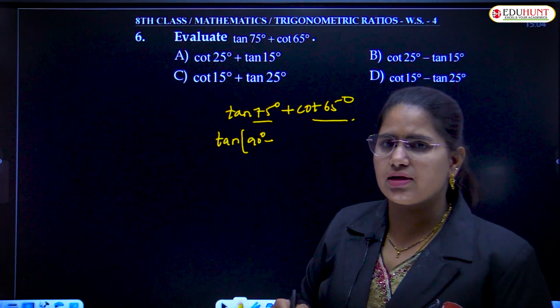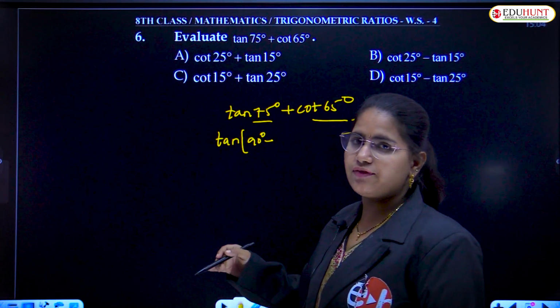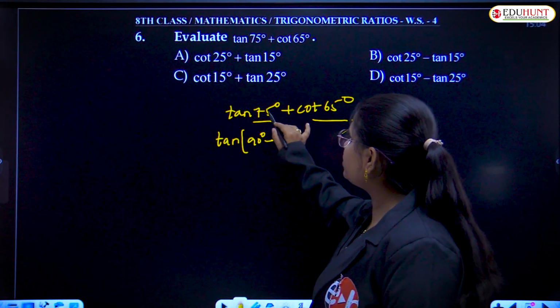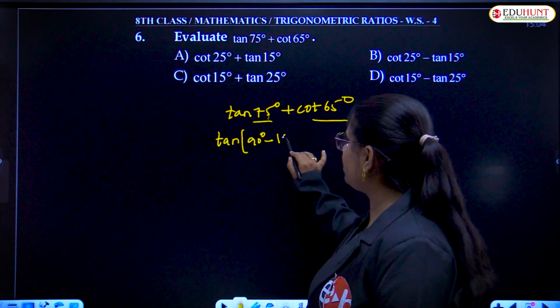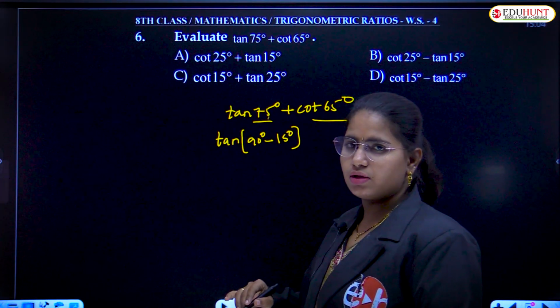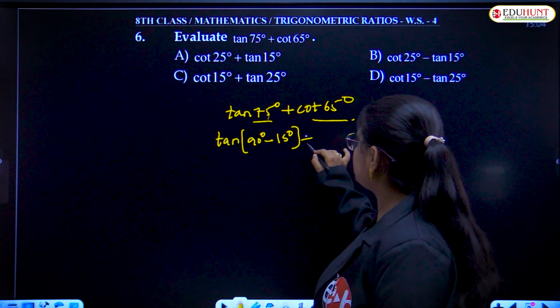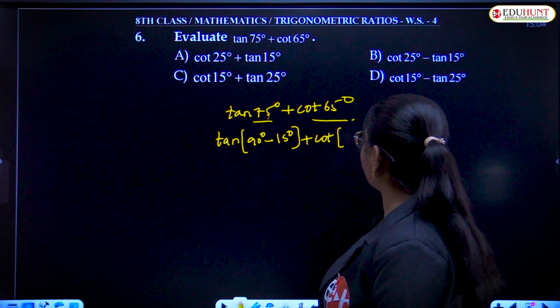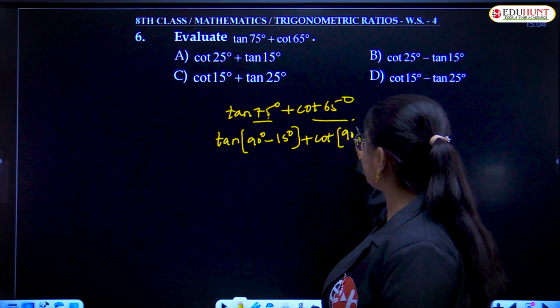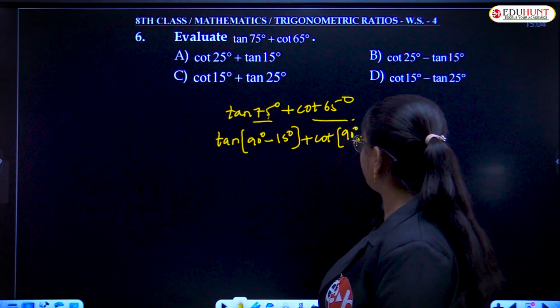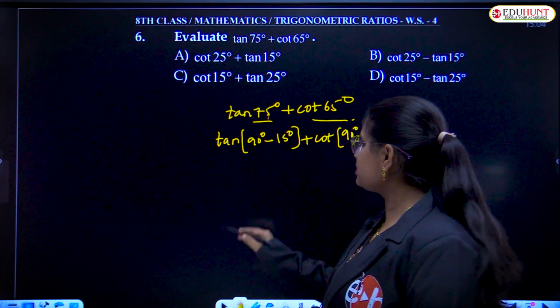The closer angle for 75 degree is 90. So, how much you need to remove from 90 to get 75, which is 15? Plus cot 65, how can you express this? 90 minus 25.